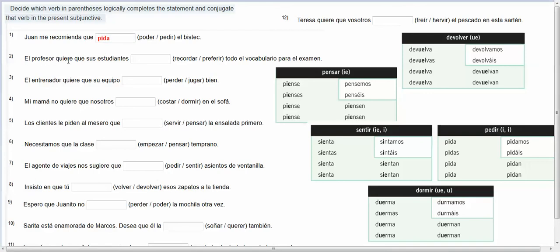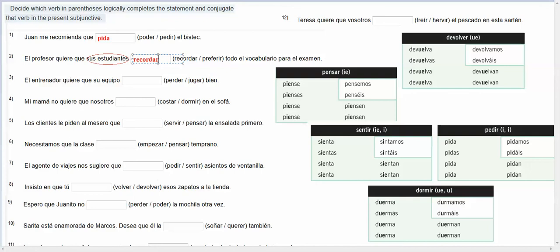Okay, el profesor quiere que sus estudiantes recordar, preferir todo el vocabulario para el examen. Okay, so he wants his students, the students happen to be the subject, and he wants them to remember all of the vocabulary for the test, so we write in recordar. Recordar happens to be an O to UE stem changer.